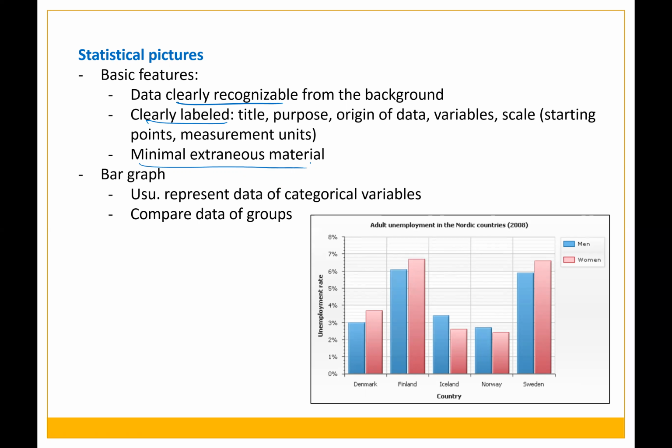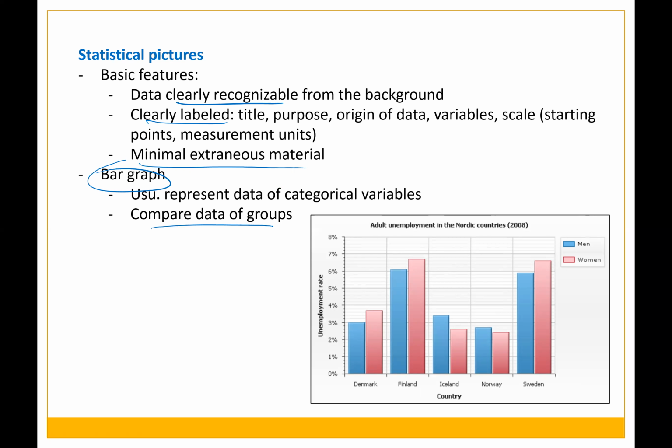So there are multiple ways. First one, we have the bar graph. A bar graph is usually representative of data of categorical variables. So things that you answer with either men or women, or yes or no, or what party you vote for, like Democratic or Republican, all of that. And then it's usually easier to compare data of groups.